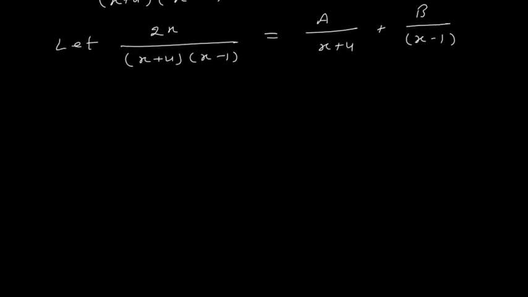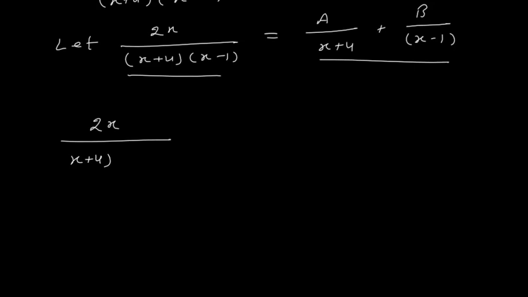Now I am going to discuss two methods by which you can find the value of a and b. But before we discuss the two separate methods, first I have to make the denominator the same on both sides. So your first step is always to make the denominator the same. Here you write 2x divided by x plus 4 into x minus 1, and here it is a divided by x plus 4.